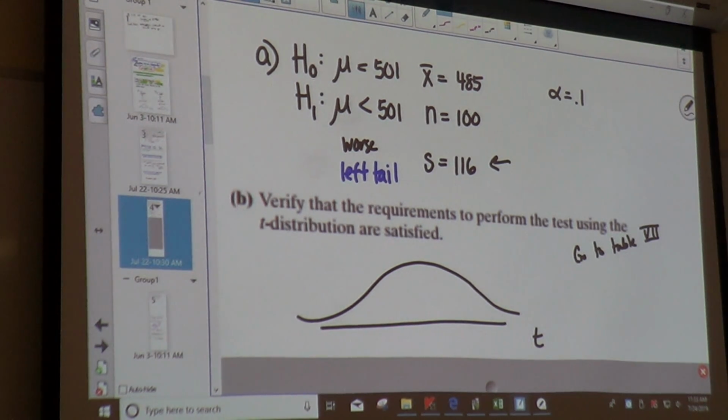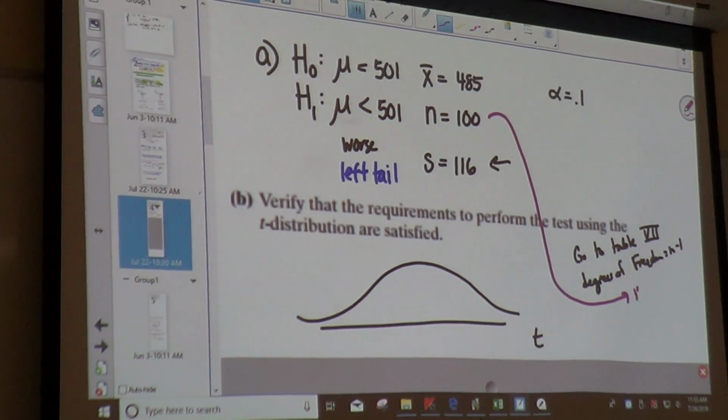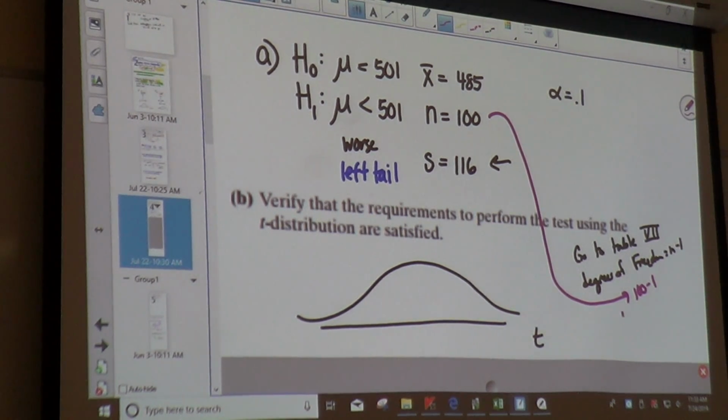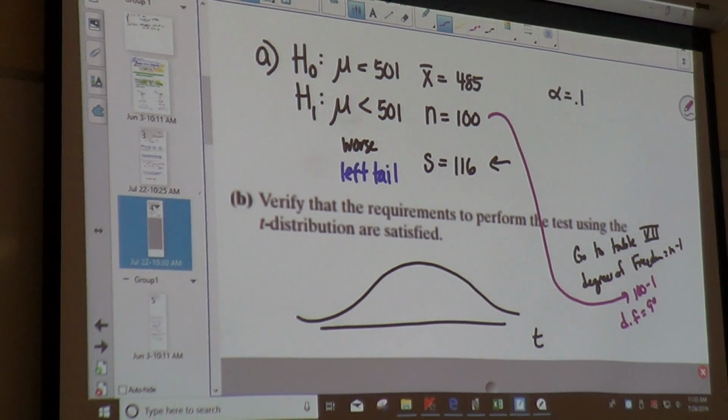On table 7, degrees of freedom is N minus 1. What's my N in my problem? 100. So I'm going to do 100 minus 1. So my degrees of freedom is going to be 99.